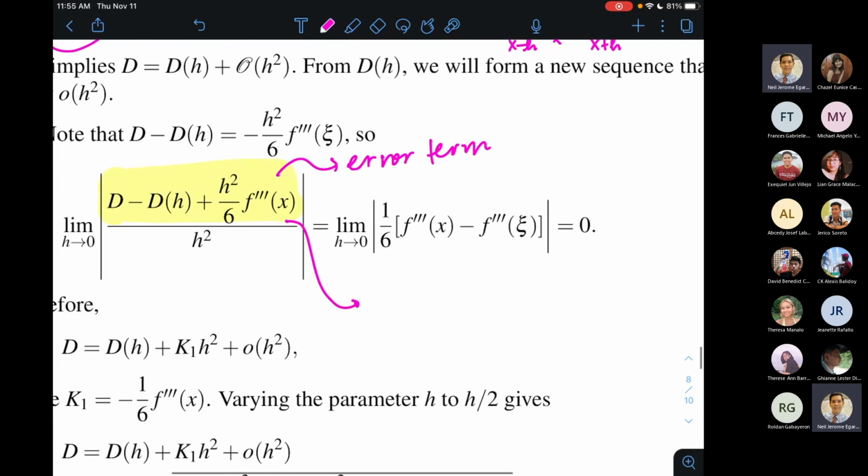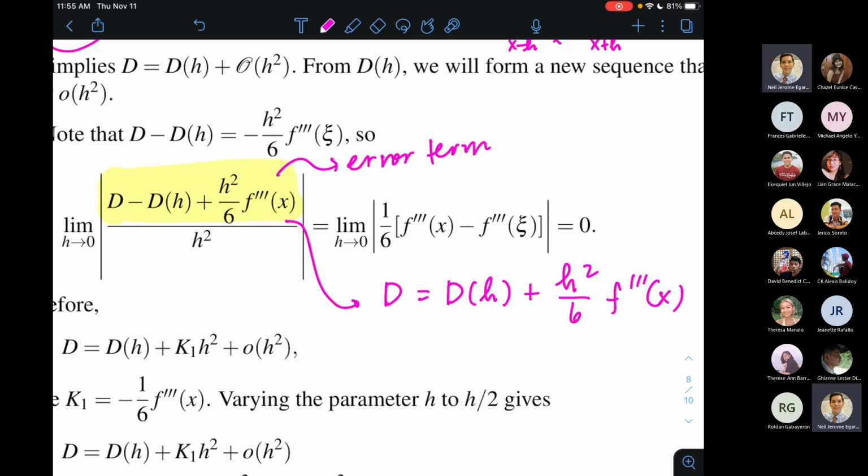So that means D, or the actual value of the derivative, should be equal to D of h plus h squared over 6 f triple prime of x. Okay? Because this is the error term. Remember, the error term is the actual minus the approximate. Okay? So actually, this should be minus.